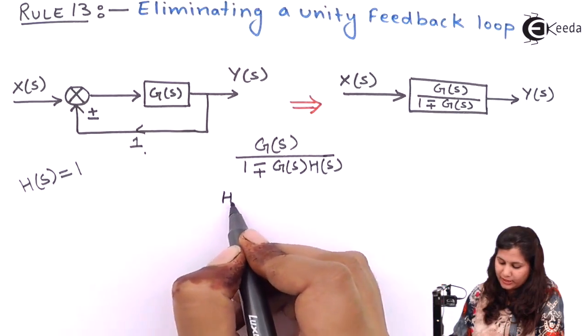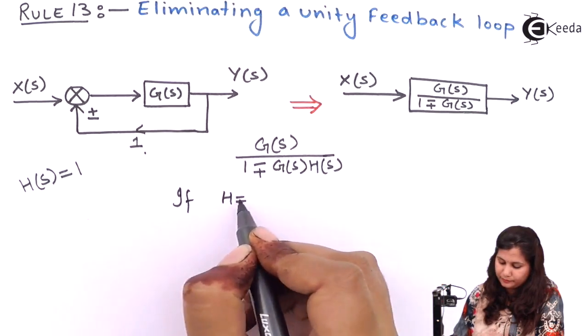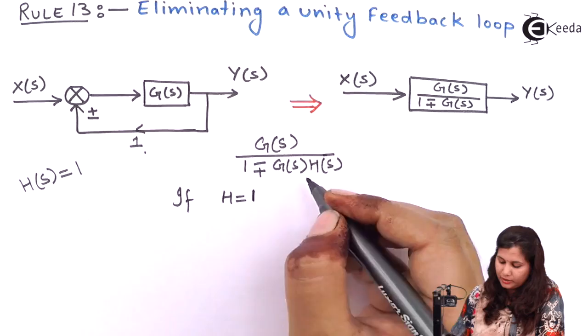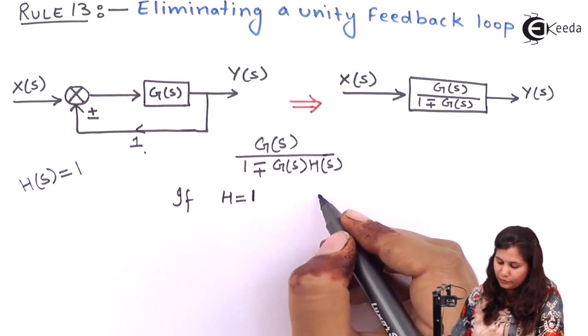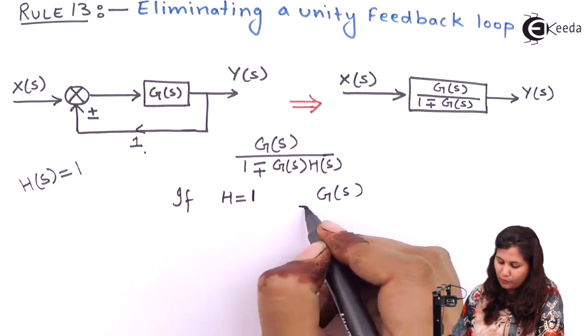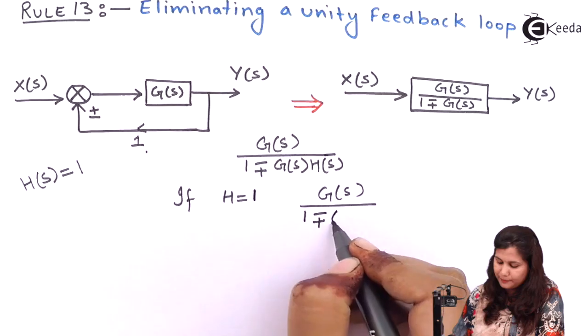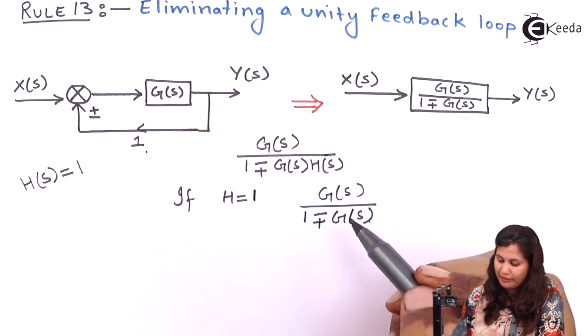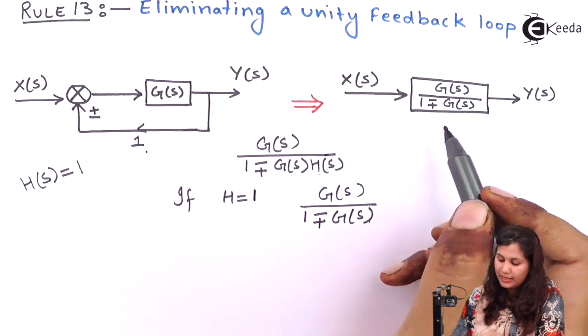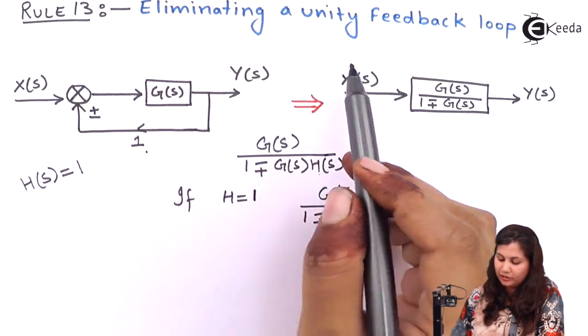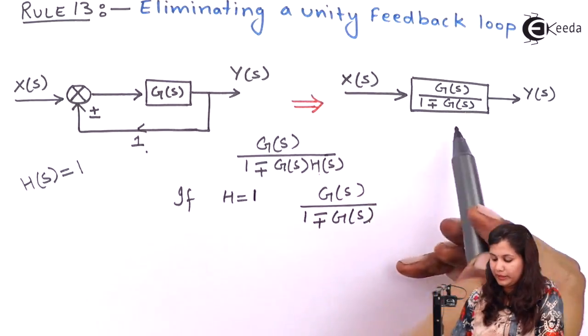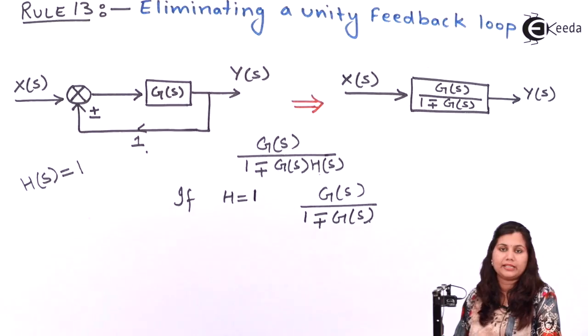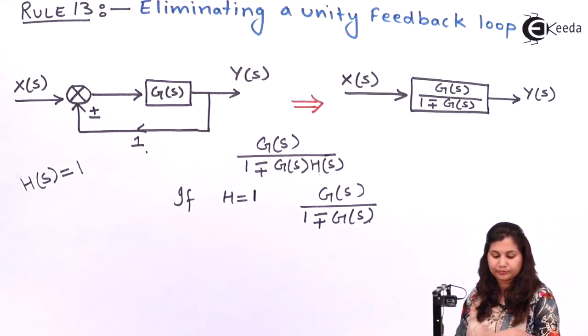If Hs is equal to 1, then we put this value and we will get Gs upon 1 minus plus Gs. So simply by replacing the value of Hs by 1, we can eliminate a unity feedback loop in this manner if it is present in a block diagram.